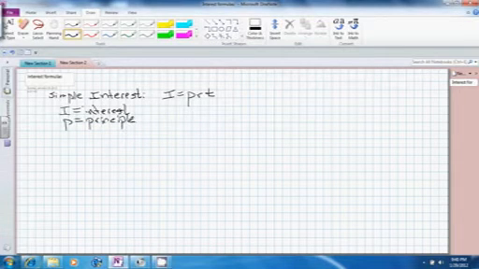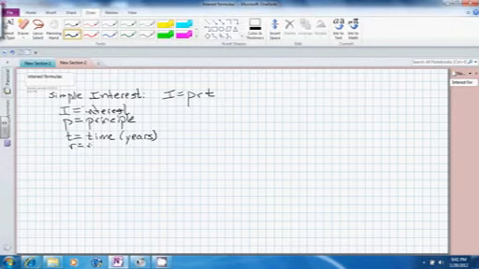That's what you invest or borrow. T is your time. It's always expressed in years. And R is your rate in its decimal form.